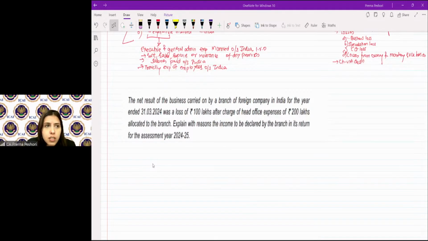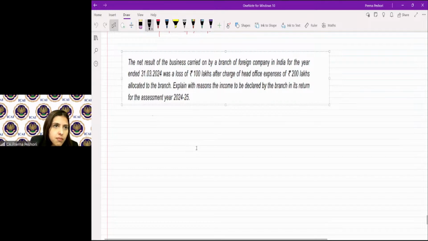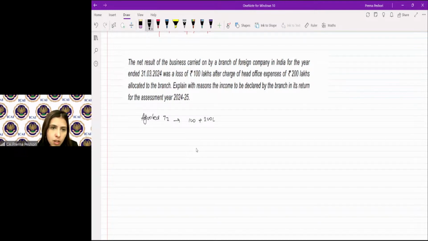So students understand over here. What we'll do is we will first add back the HO expenditure to calculate the adjusted total income. So my adjusted total income is going to be 100 plus 200 lakhs. There was a loss of 100 lakhs, so plus 200 lakh, this will give me 100 lakh as the adjusted total income. So 5% of the adjusted total income, which is 5% of 100 lakh, which is 5 lakh.